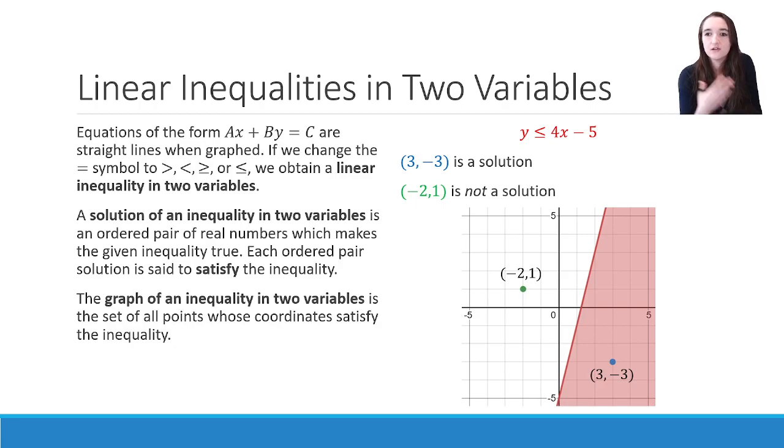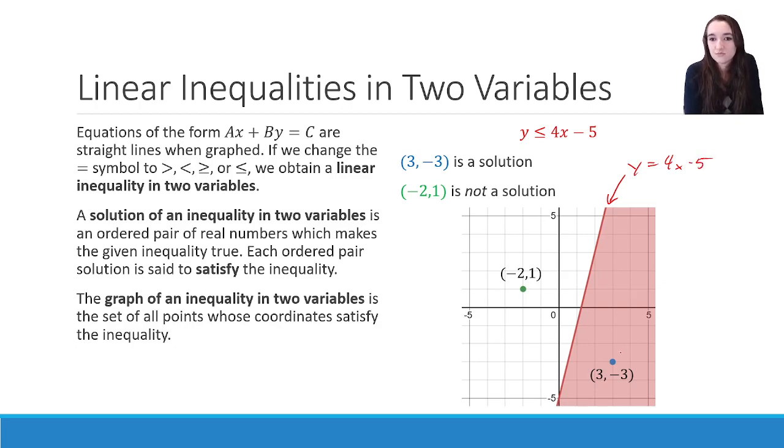So instead, we prefer to place our solution set on a graph in order to visualize where our solutions exist. And in order to do that, all we really need to do is graph first our version of the inequality with an equal sign. Then we make it an inequality. So this line right here is y equals 4x minus 5.